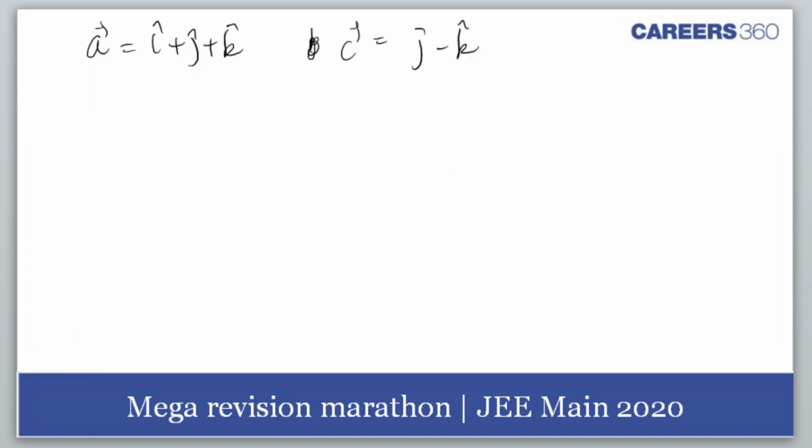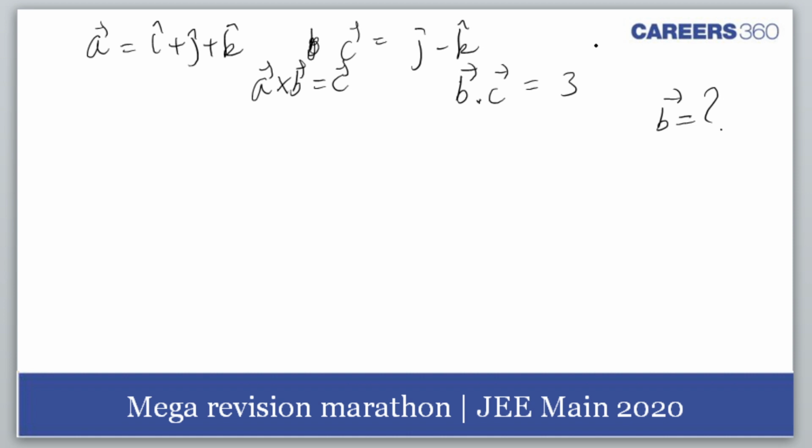So we have A cross B is C vector, and A dot B is 3. This is what is given to us. Now we are being asked to find out B vector. How would I do it? Tell me.